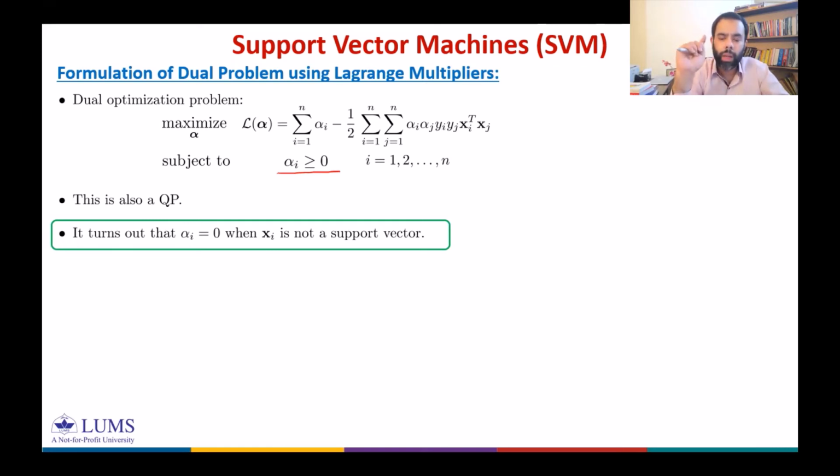Because the inequality constraint we had in the primal problem is equal to 0, or that constraint is active, for a support vector point. So without going into more detail, we assume that alpha i is equal to 0 when xi is not a support vector.